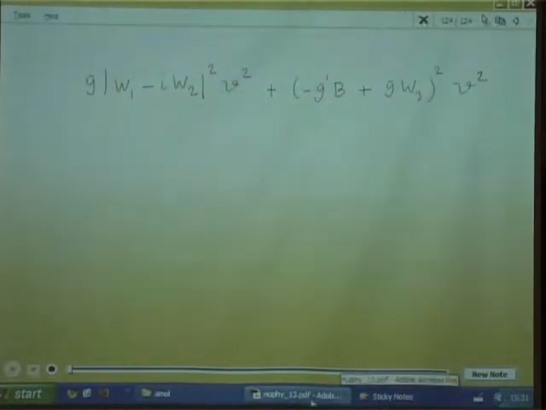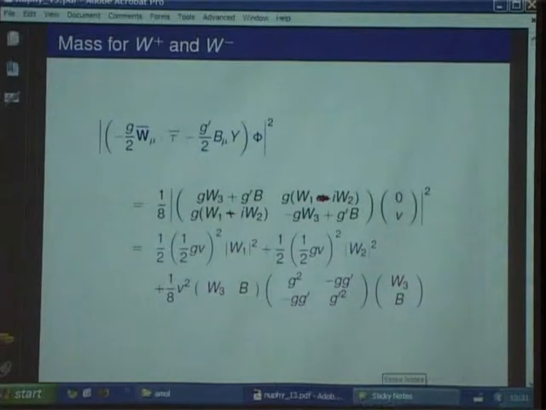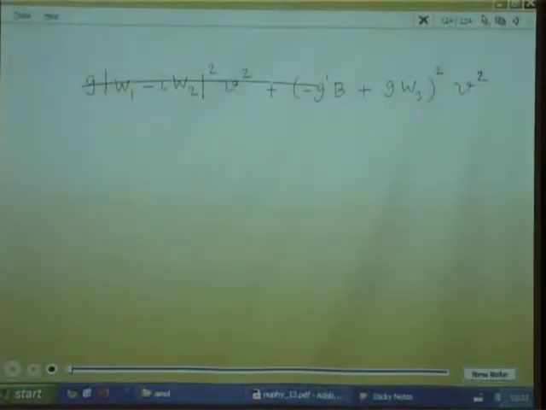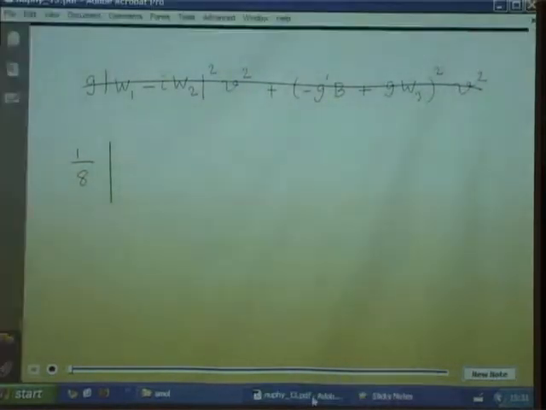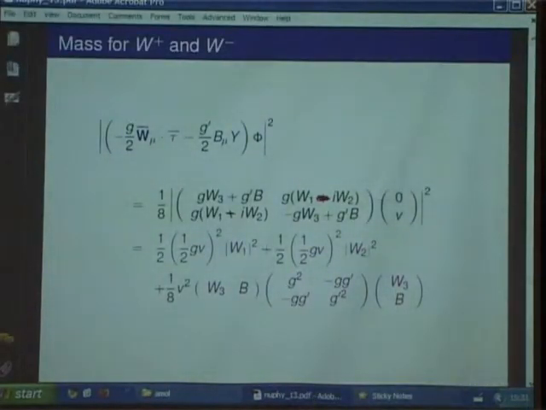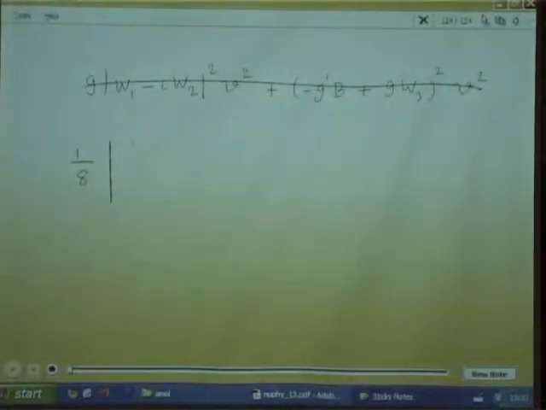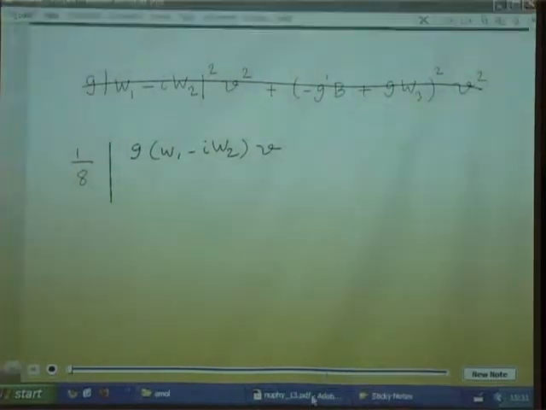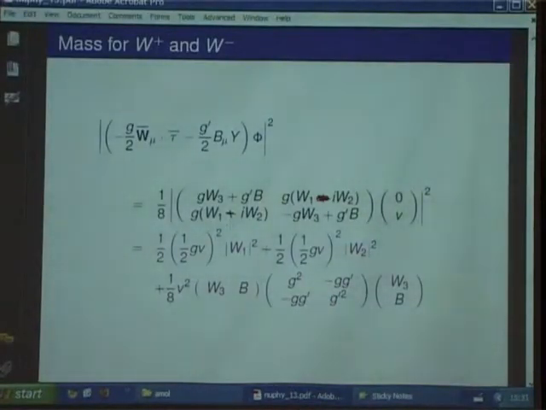Squaring should be done after the multiplication. So let me think. This is a vector, right? So let me write this thing down. The upper part is g times W1 minus iW2 times v. The lower part: this will be 0, this part.